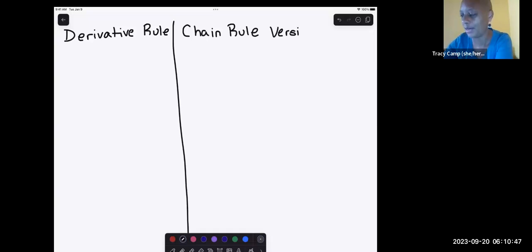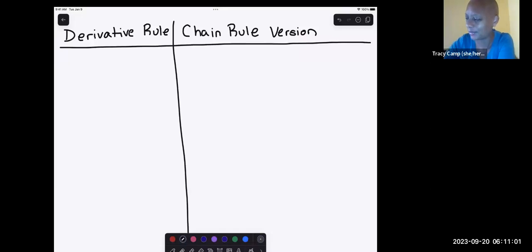Every differentiation rule has a chain rule version, a chain rule equivalent, except for the product rule and the quotient rule. Those are used in other ways in conjunction with the chain rule.